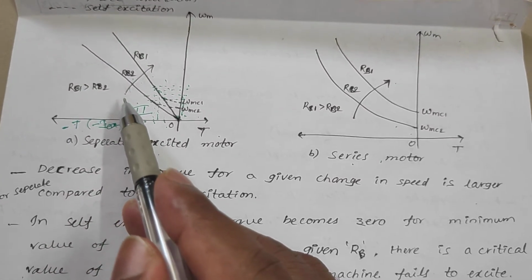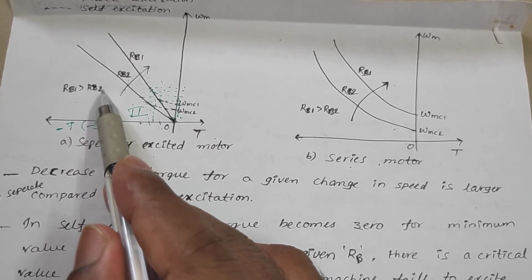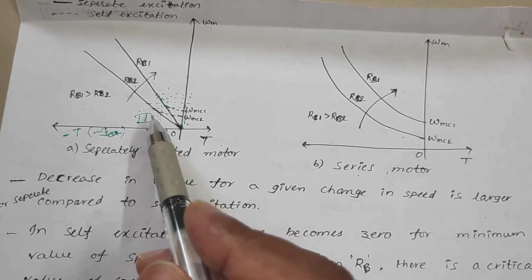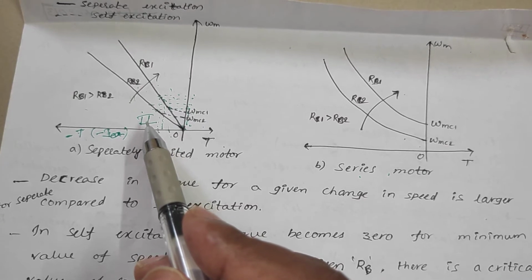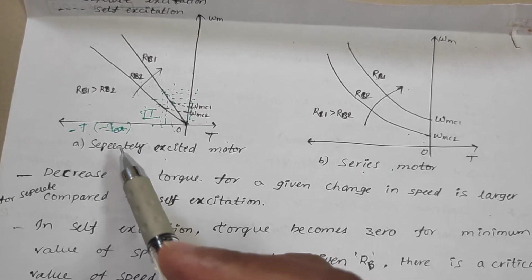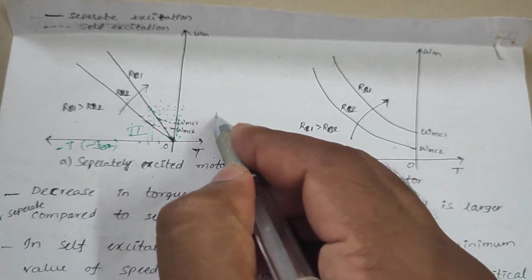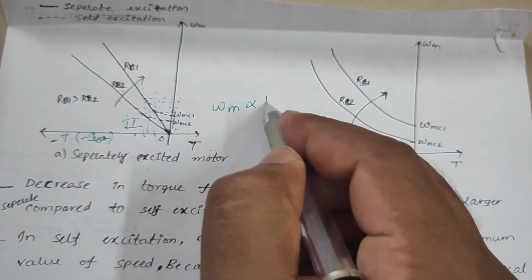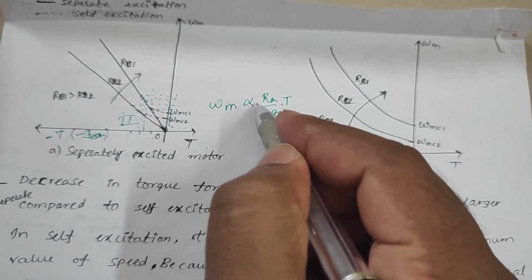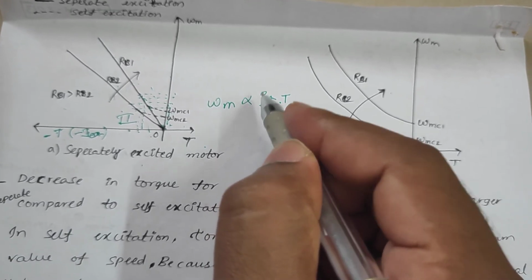as the braking resistance increases, here RB1 is greater than RB2, because when the supply voltage is equal to 0, as per the speed equation, omega m is directly proportional to (RA + RB) by K square into T. This is the equation, because the first term, that is V by K phi, is equal to 0.